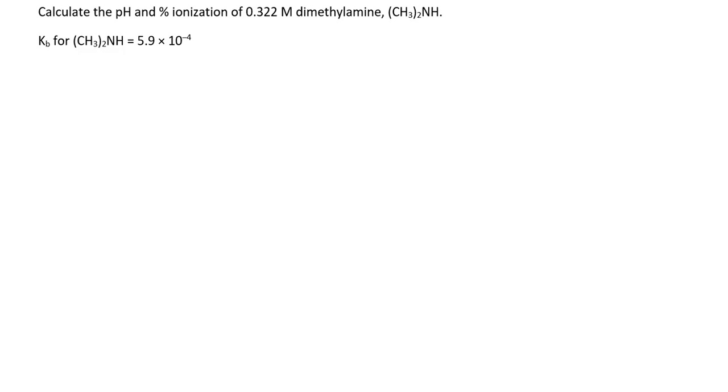In our next problem, we're given a weak base again, and we're asked to calculate the pH and percent ionization. We'll start by writing our equilibrium. So we have water plus A minus goes to HA plus OH minus. So we have our mice table.